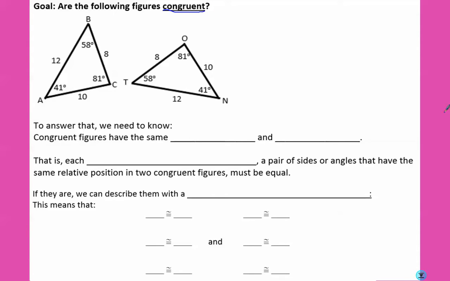And we've got triangle ABC here and triangle TON. In order to answer that, we need to know that congruent figures have the same size and the same shape.